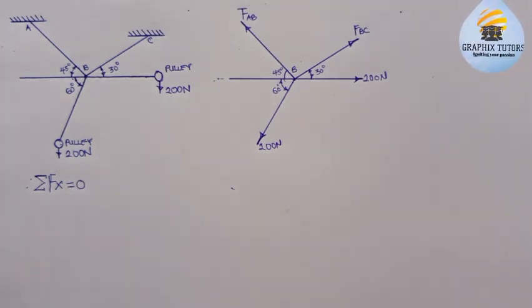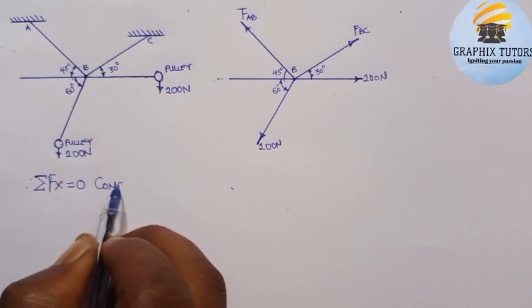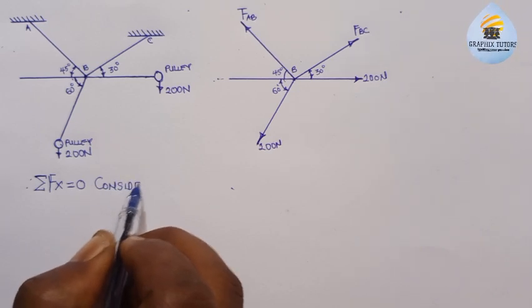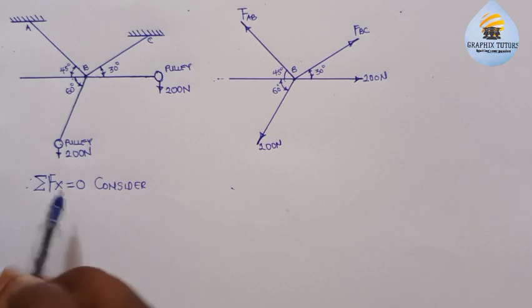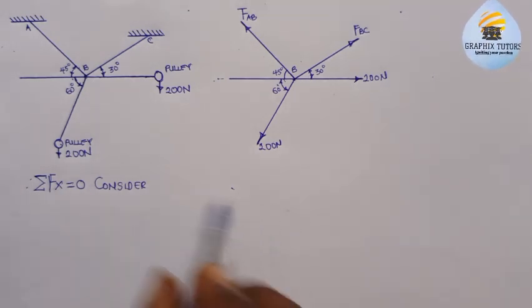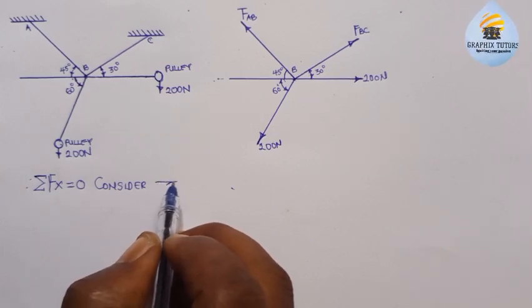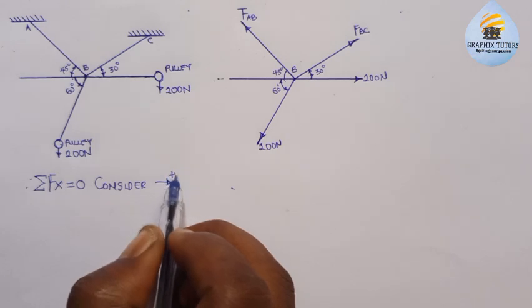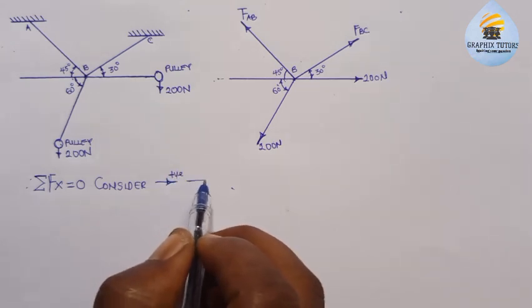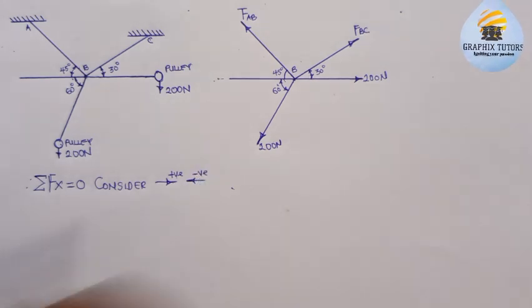That is the first condition. F of x means the horizontal component, or forces acting along the x-axis. So we are going to consider any force that is facing forward to be positive, and any force that is facing backward to be negative, right?